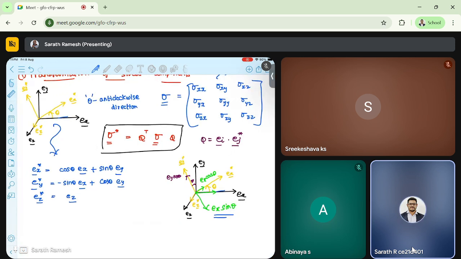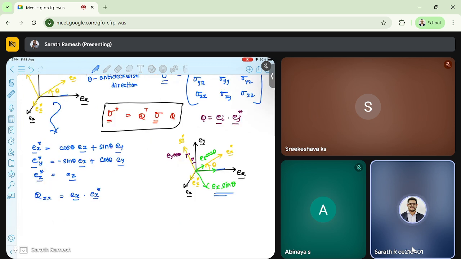Now, what is Q? Q has 9 elements in it, a 3 by 3 matrix. So Q11 or Qxx will be Ex dotted with Ex star. What is Ex dotted with Ex star? Cos theta.